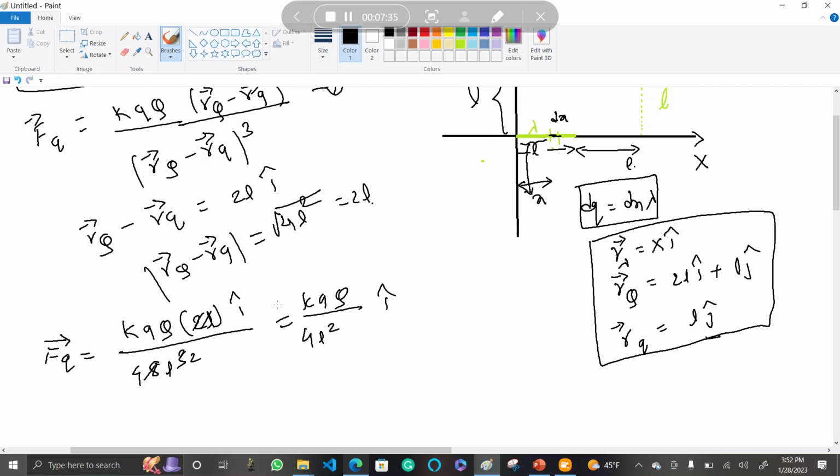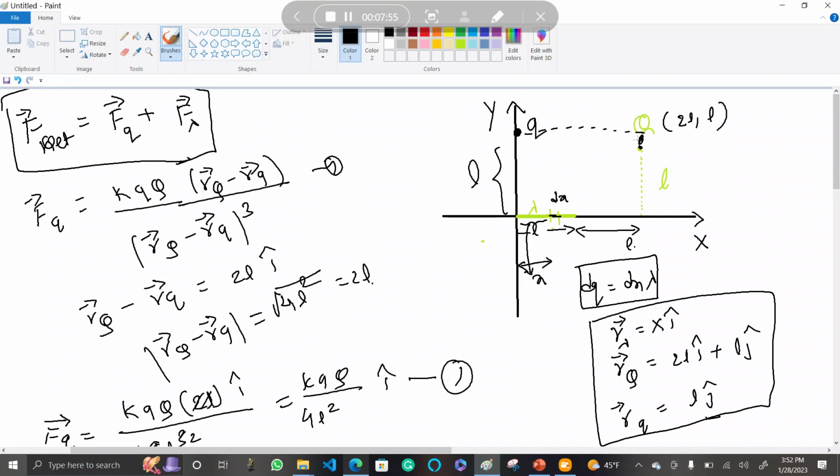And as I said, you may wonder why I am doing this in a lengthy and boring way. I am doing this because this is the most fundamental technique to calculate this, so that there will be no possibility of having done it the wrong way. So this is the electric force experienced by the charge q because of this small charge q'.